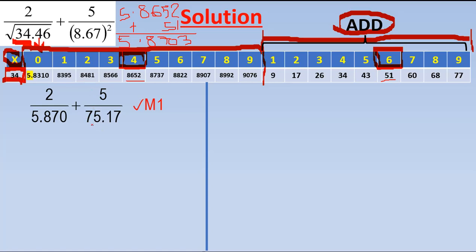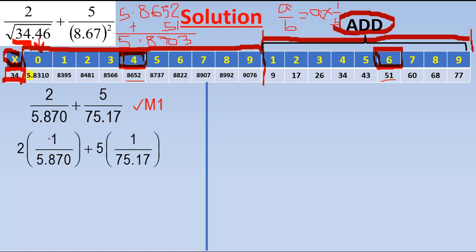That comes to 75.17. Then we can rewrite all this. When someone gives you A over B, another way of rearranging it, because we are thinking of reciprocal, is A times 1 over B. So we can rewrite this as follows: 2 times 1 over 5.870 and 5 times 1 over 75.17.